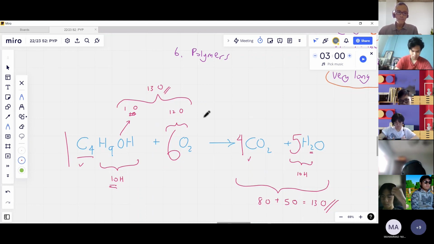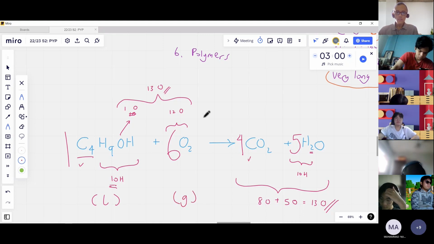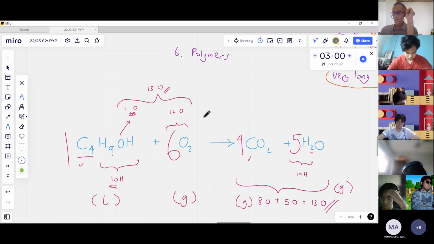And guys, I repeat, make sure you can add in the state symbols: alcohol is liquid for your syllabus, oxygen is gas, CO2 is gas, and of course water, because of the heat generated, is vaporized, so that would be a gas too. I'm not going to go through the last one, ethanol, but I suggest that you do it on your own. Make sure you can balance the last one for ethanol.